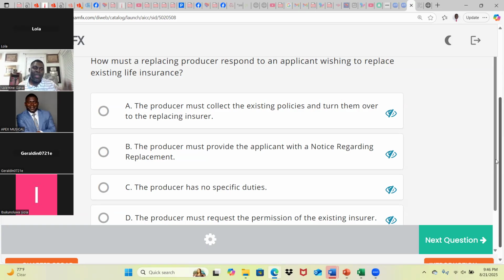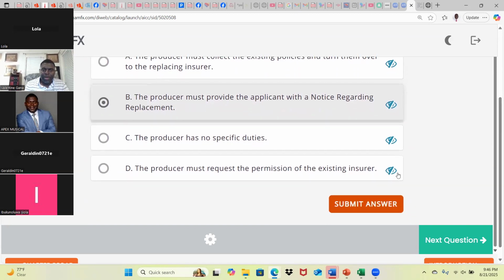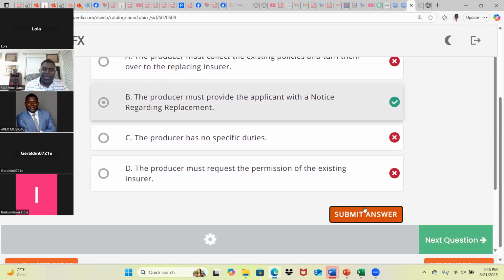So within that body that it's signed is the notice of replacement. That's why I think the producer must provide the applicant with notice regarding replacement. So let's see if we are right. And this one we cram and we remember.